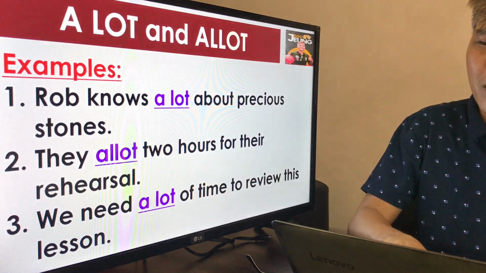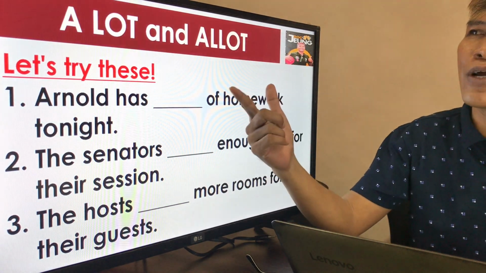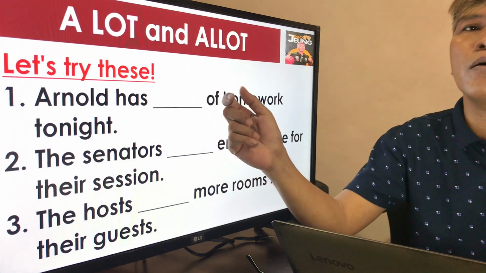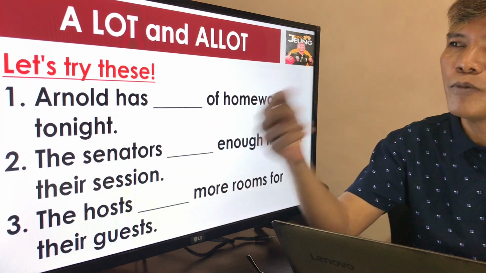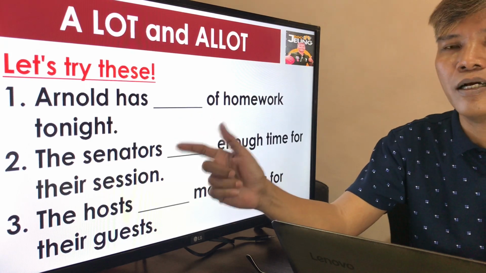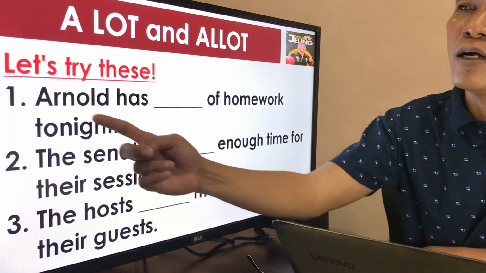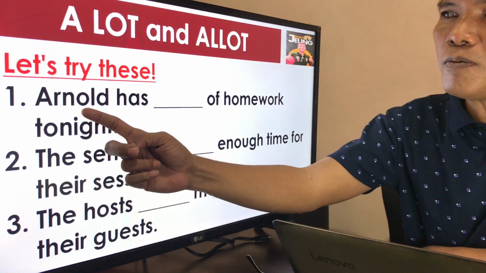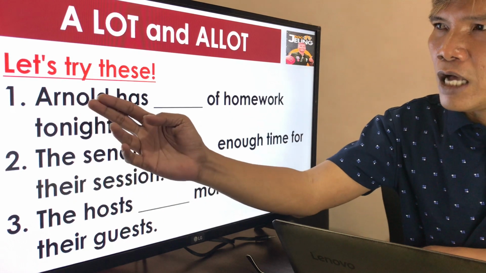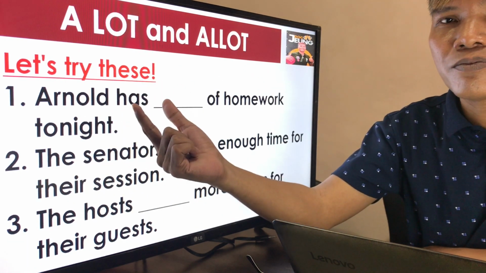Okay, let's try these sentences. What is the correct answer? A lot or allot? Okay, number 1. Arnold has blank of homework tonight. What are we going to do? Let's see if there's a verb. Arnold is our subject, the doer of the action, and has is our verb.